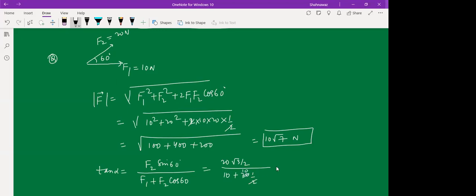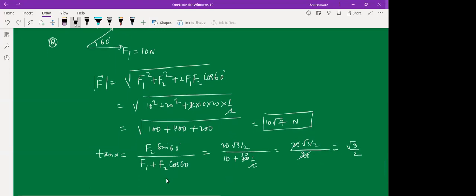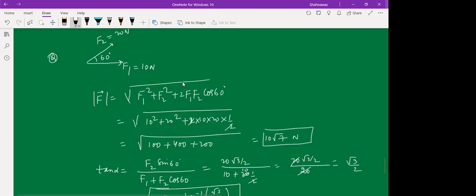So this is 10 plus 10, which is 20. So 20 root 3 by 2 by 20. The 20s cancel and we have root 3 by 2. So this is the answer. And your alpha is tan inverse of root 3 by 2. Is this clear, guys? Any doubt up to this point?